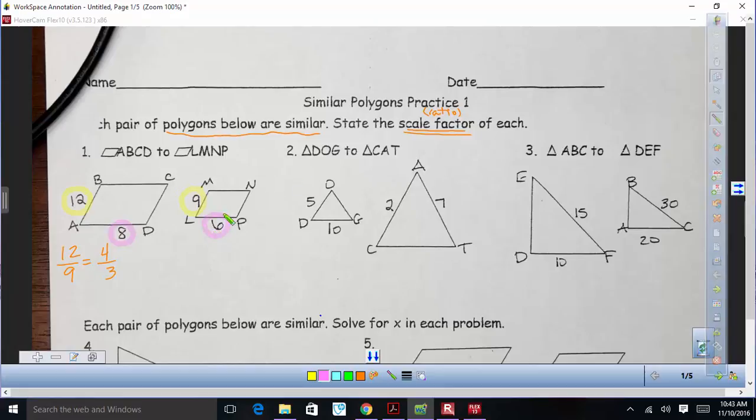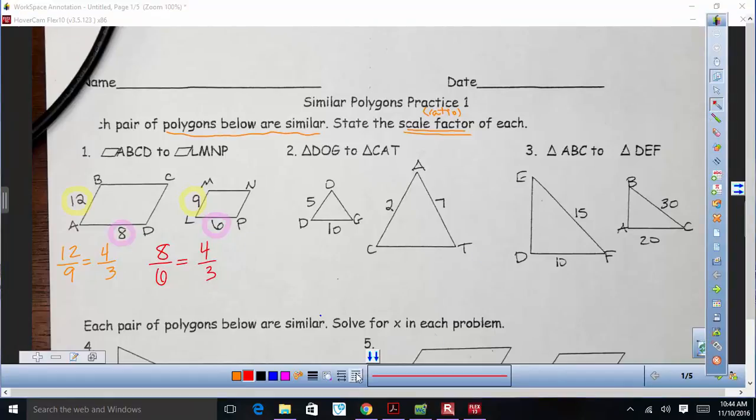LP. So we're going to put 8 over 6, which would reduce to 4/3. Okay, so do these match? Yes. So since they match, that means yes, they're similar. And what would the scale factor be? Yes, and then our scale factor is 4 over 3. See how simple that is?